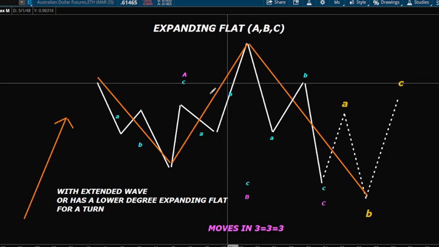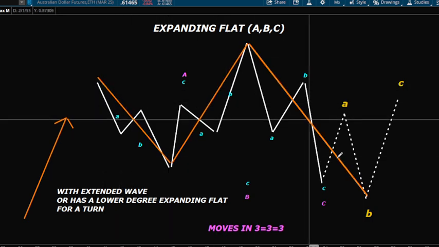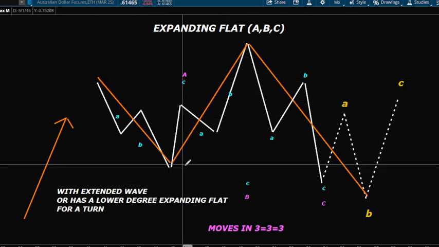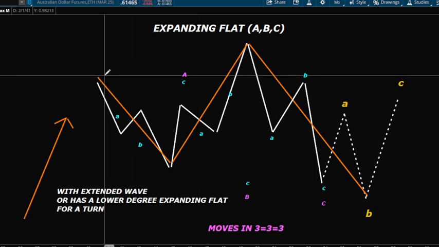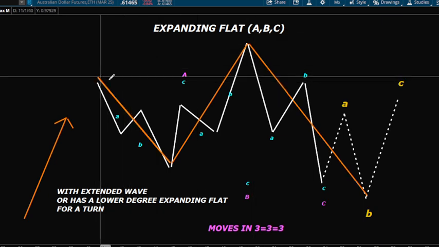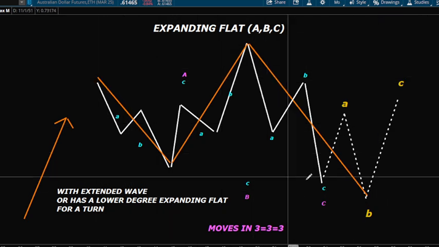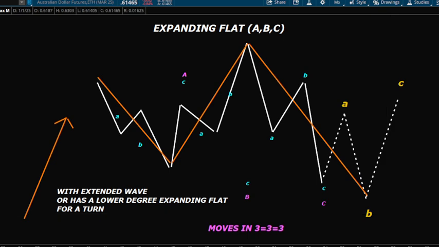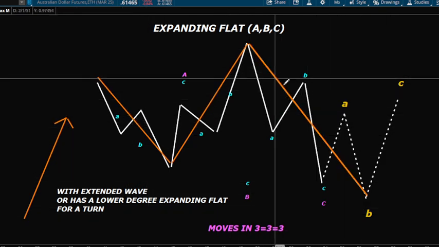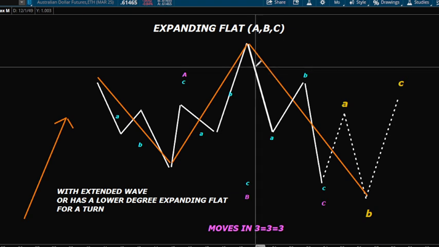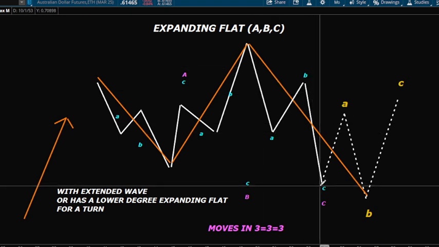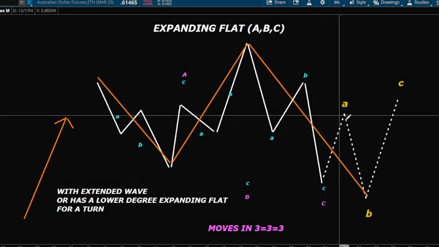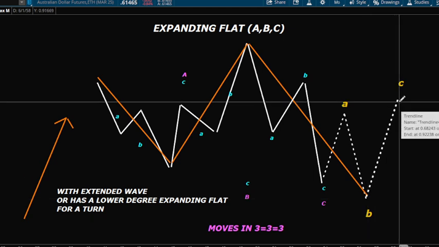So focus on this orange line here. Here's your A. B makes a higher price than starting A, and then the C leg expands past the origin where the B turns, right? So that's an expanding flat, right? Expands outward. Well, on this last leg, the C leg, you got 3 moves, 1, 2, 3, and then on the third move, look what happens with an expanding flat for a turn.